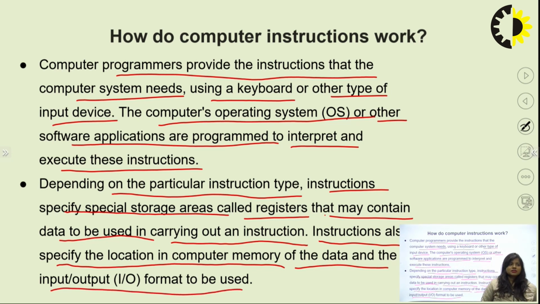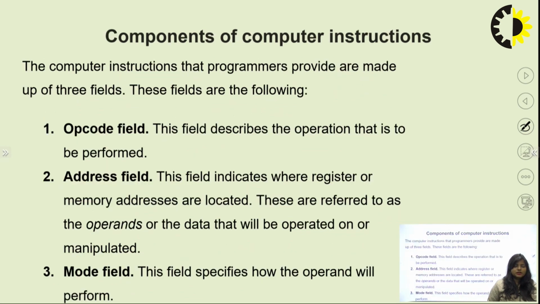So this is the basic concept of the working of a computer instruction. It includes everything from the input devices, execution, processing, and the complete input output format, giving the output as per our requirement. Okay, so let's continue further.